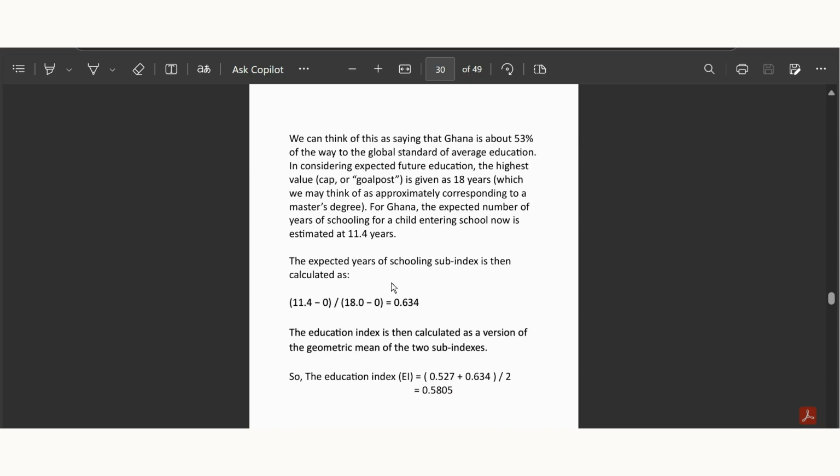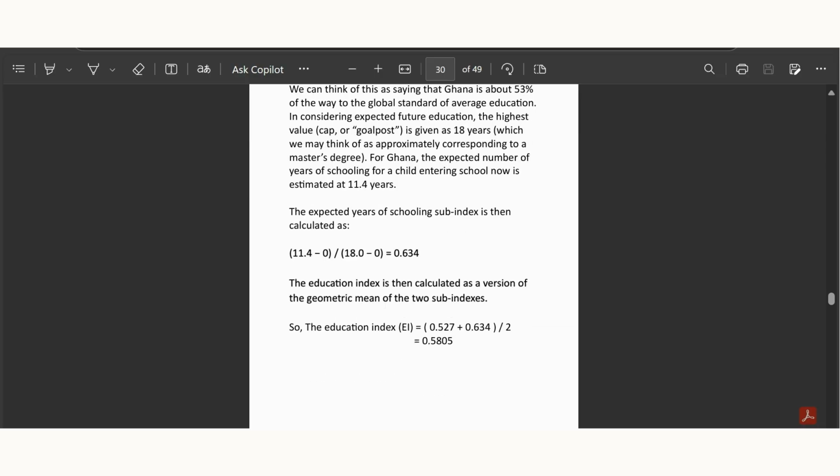So the expected years of schooling sub-index is calculated as 11.4 minus 0, divided by 18.0 minus 0, which is equal to 0.634. The education index is then calculated as a version of the geometric mean of these two sub-indices. So the education index, EI, equals 0.527 plus 0.634, divided by 2, which is equal to 0.5805.